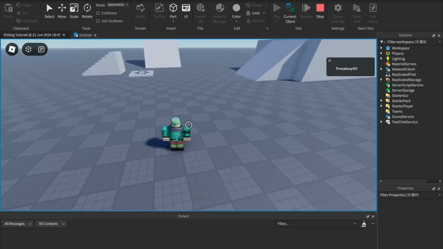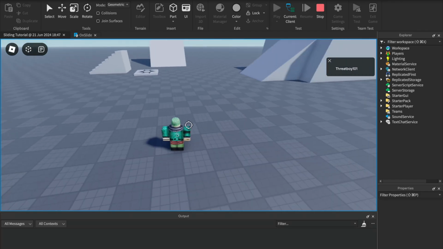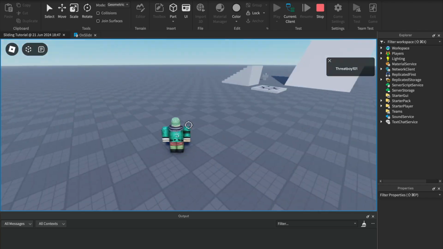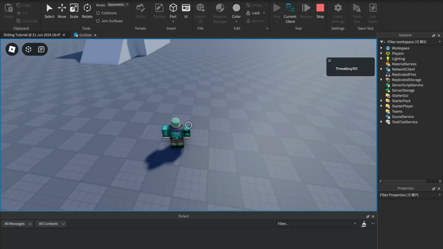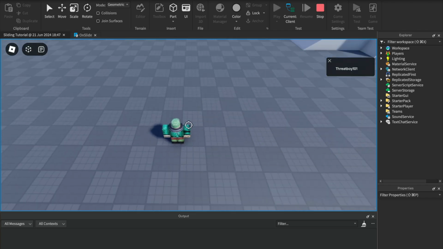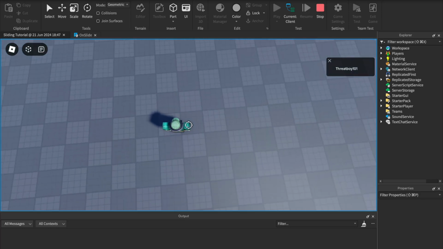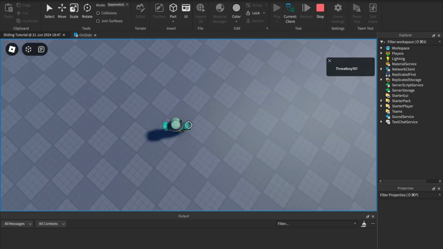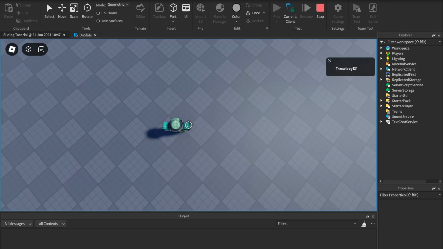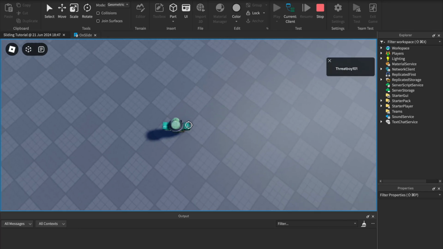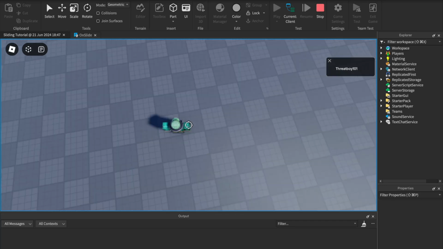So in this case, the right vector is rotating. Also, the forward vector is rotating. But then let's say that I have a top-down view of the character, and then I rotate. What vector is the camera rotating about? Well, it's rotating about its look vector, the forward vector.